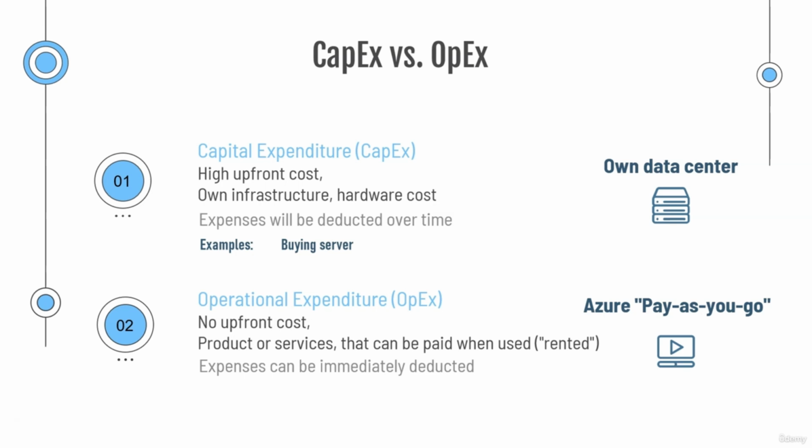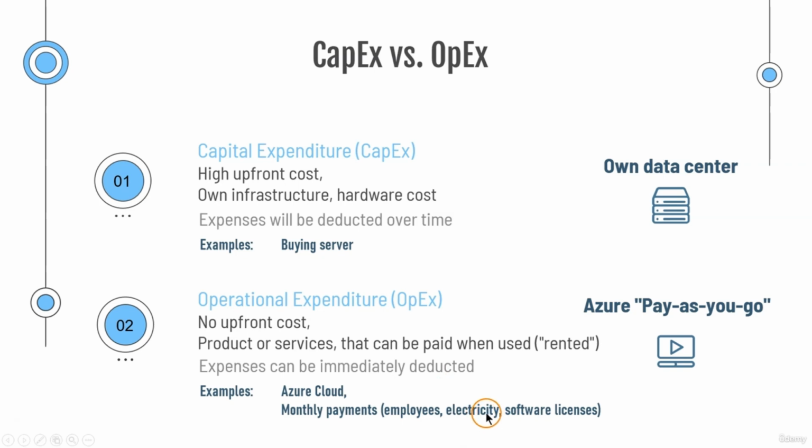And for the operational expenditure, of course, this is the typical example, the Azure cloud, but also, for example, in our own data center, we can have monthly costs, so operational expenditures like employees, electricity. So, for example, with the employees, we of course pay them every month, and then of course we benefit from the service, the work that these employees do, same as with the electricity.